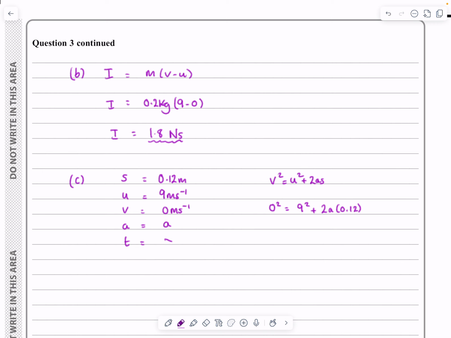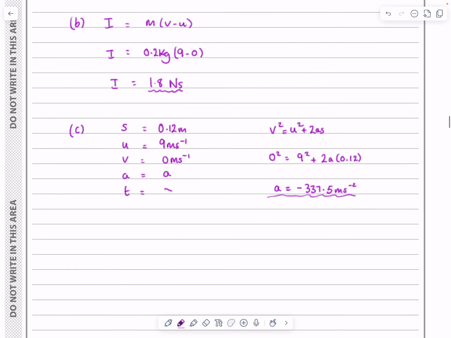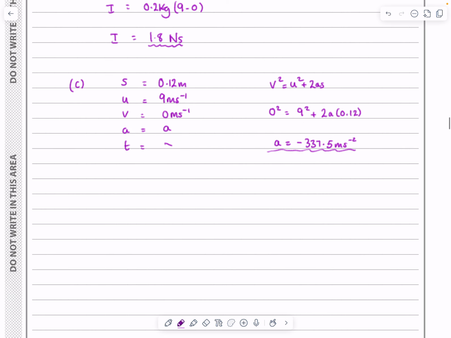So when we rearrange all this, a works out to be minus 337.5 meters per second squared. I always encourage my students to have a think about it. It's come to rest really, really quickly, hasn't it, in 0.12 meters. So the deceleration should be quite a big number, and that's not causing me any concern.